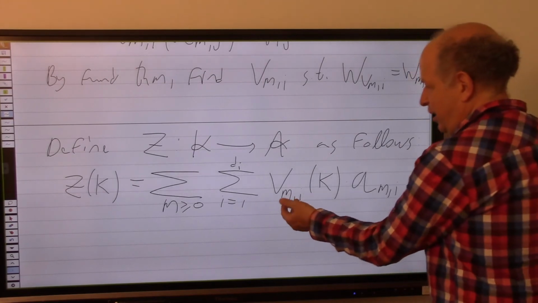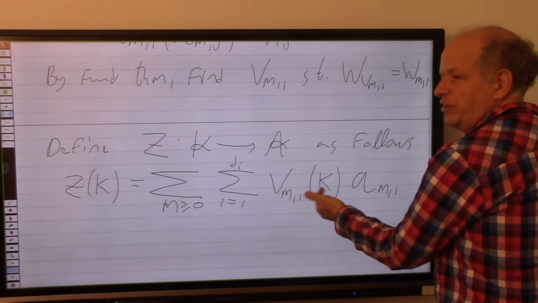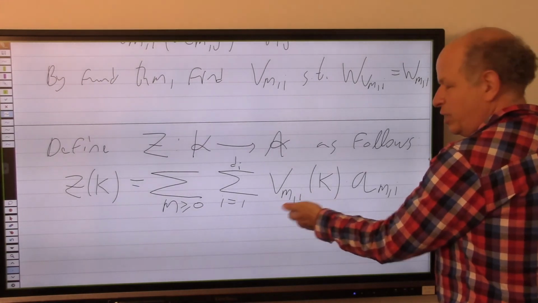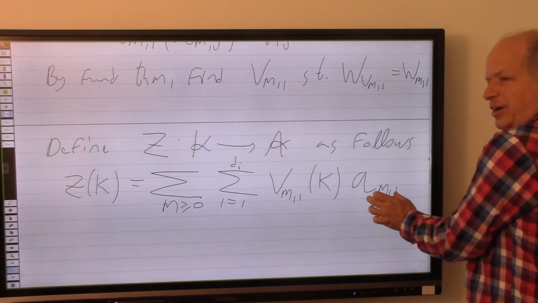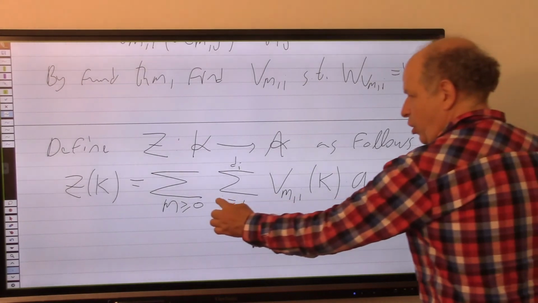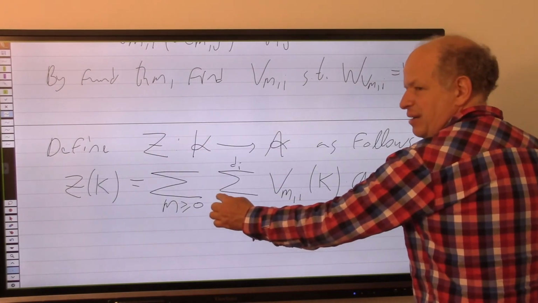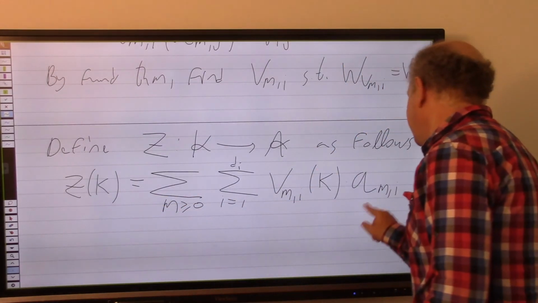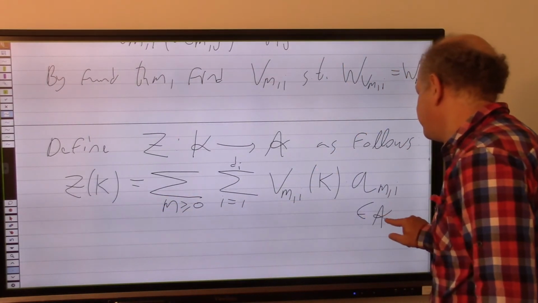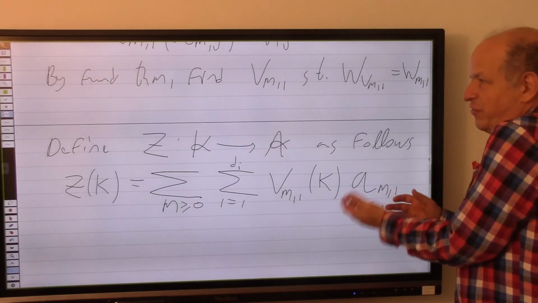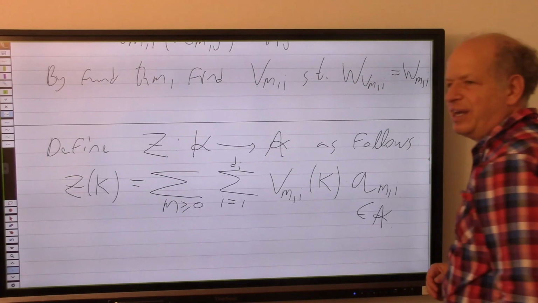So first of all, this is a numerical invariant, so it has values in Q. And this is just a diagram, a basis element of A_m. So this whole sum is an element of A_m, and if I sum over all m's, I get an element in A. So I've defined a map from knots to A.